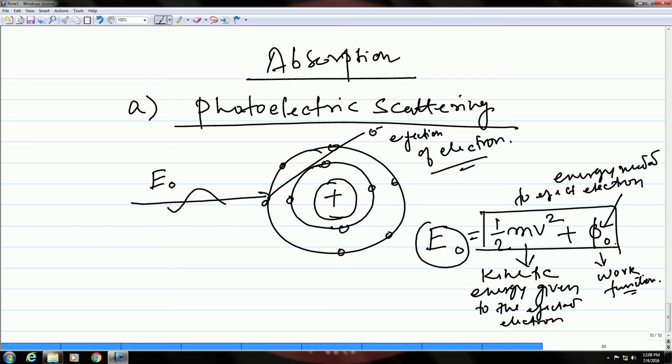So, this kind of absorption phenomenon is a dominant absorption event up to X-ray energy of 0.5 mega electron volt.